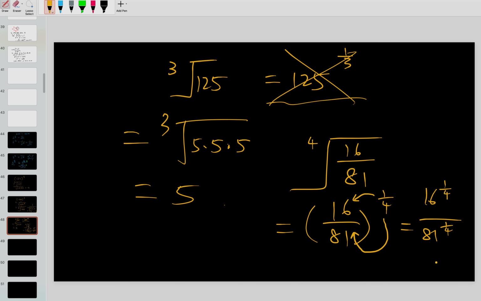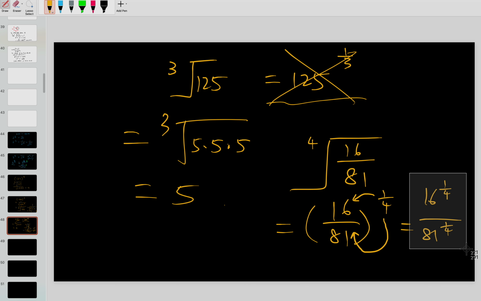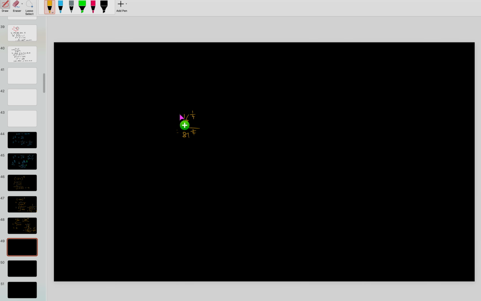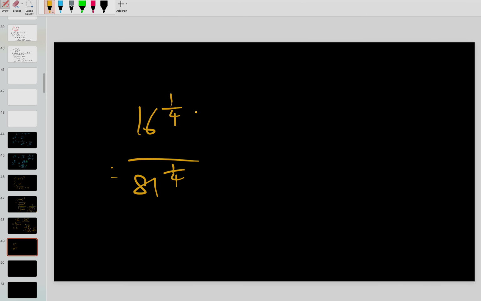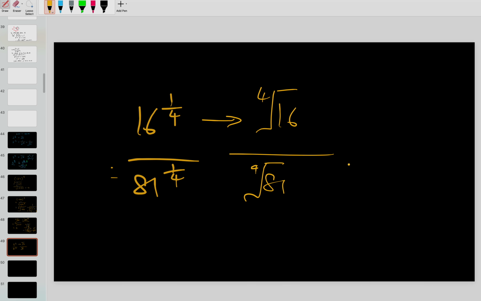How do you convert this back to root? For the numerator, what do you get? 16 to the 1 over 4 is 4th root. Then this one, 81 is 4th root. Correct. So this one will give you 2. This one will give you 3. So the answer is 2 over 3. Are you clear?